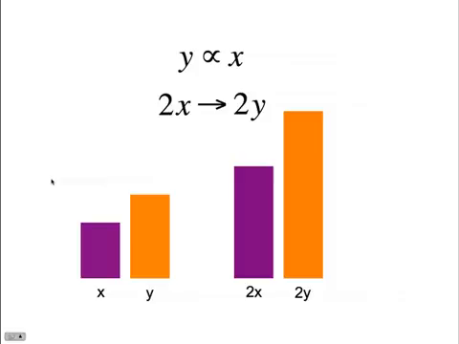Now, that may not be true, but it's an example of a relationship. Perhaps a better relationship is the circumference of a circle. The circumference of a circle is proportional to its radius. If you double the radius of a circle, then its circumference also doubles.